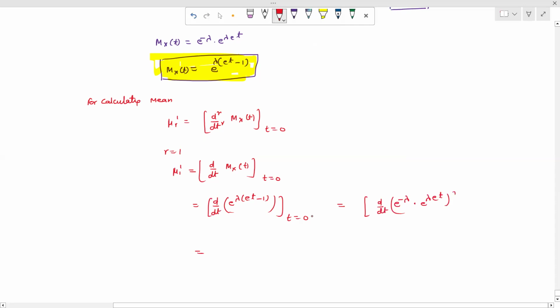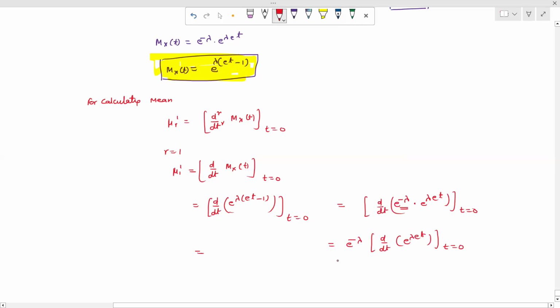Now e raised to the power minus lambda is purely constant, so we can take it outside the differentiation. So we can write d over dt of e raised to the power lambda e raised to the power t at t equal to 0.